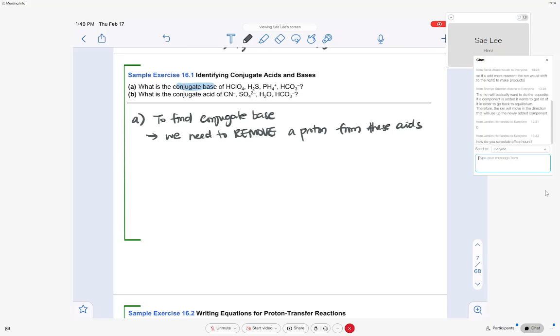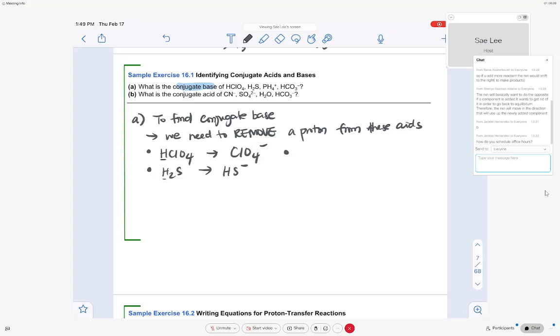Okay, so the conjugate base of perchloric acid, if you remove one proton, is going to be perchlorate ion. Okay, the conjugate base of hydrosulfuric acid, if you remove one hydrogen, you have hydrosulfide ion.